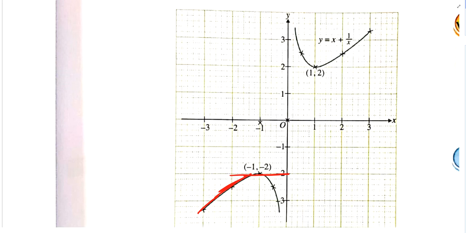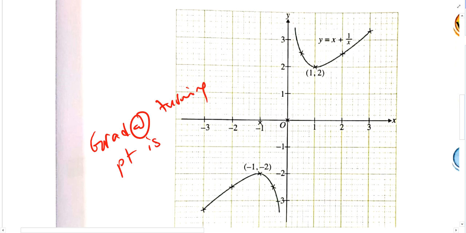At the turning point, the gradient is 0. So from positive, it became 0, then it became negative. So there's a change in sign. From positive to negative, there will be a turning point over there. And the gradient at my turning point is 0.